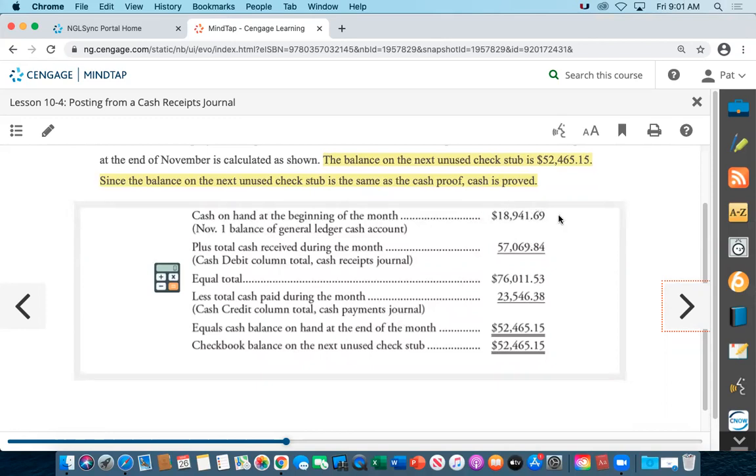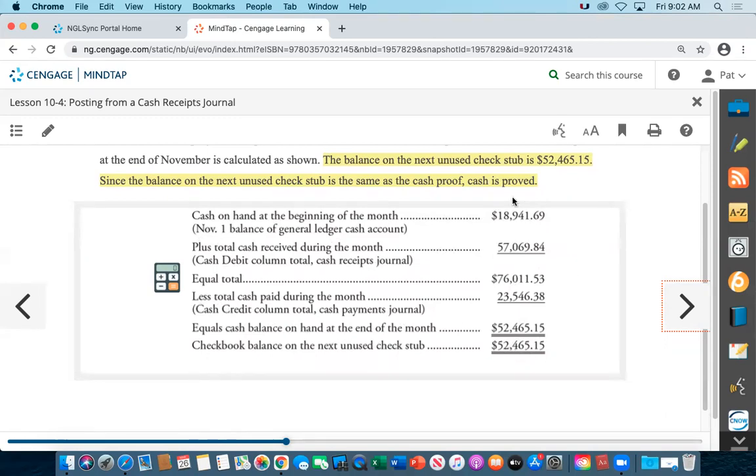So we take all the money we had at the beginning of the month and add to it the debit column from the cash receipts journal, all the money we had plus all the money received, and then we subtract from the cash payments all the money we paid out, the cash credit column. And that number should equal the number they give you.